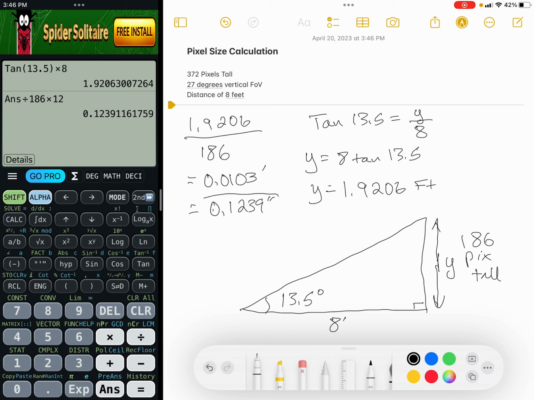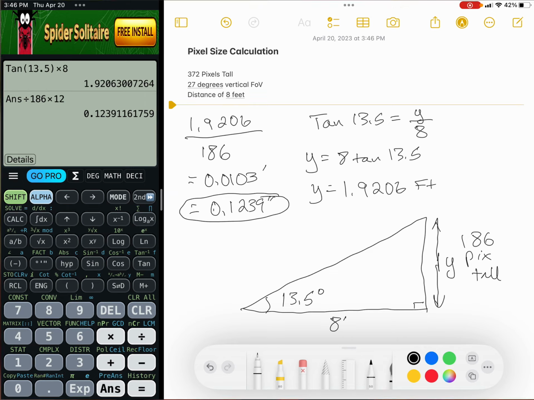So if we go back to the quiz, a single pixel should be 0.1239.